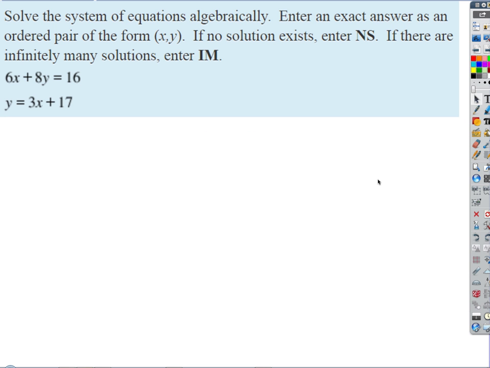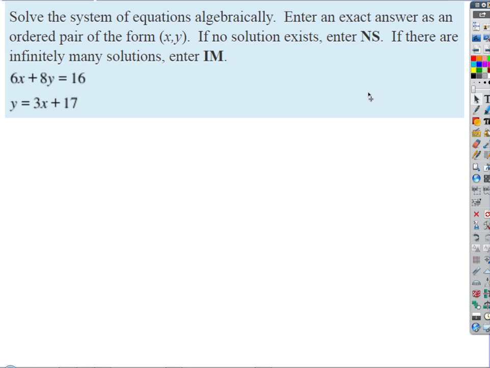Here's an example where we'd want to use substitution because one of these equations is already solved for y. We use substitution either when a variable is already isolated or when it's really simple to isolate a variable without introducing any fractions. Otherwise, we would use the other method, which is linear combination or elimination, whatever you want to call it.